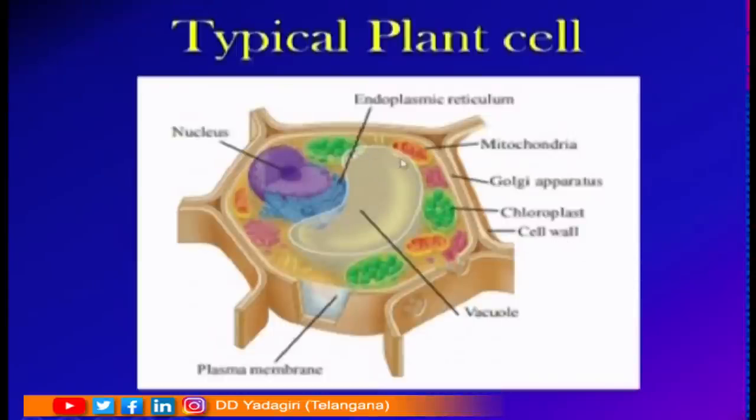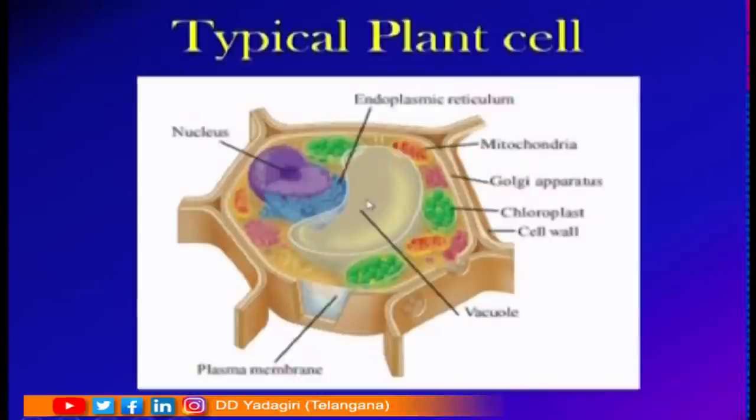We also see here mitochondria. They are called the powerhouse of the cell. You can also notice a large part of the cell is occupied by a nucleus. This nucleus contains a nucleolus.